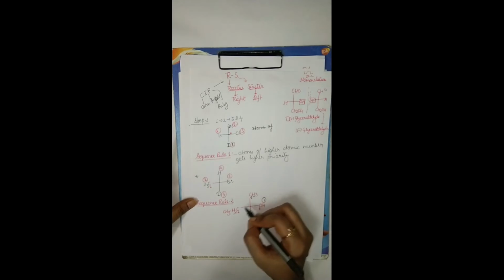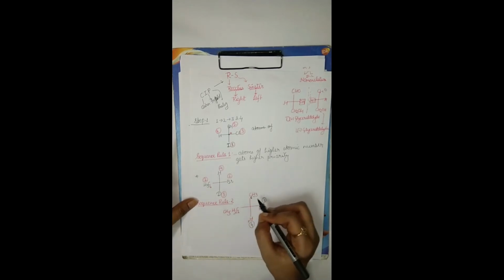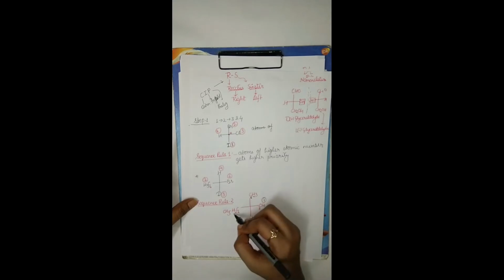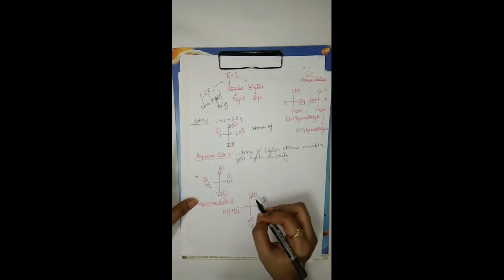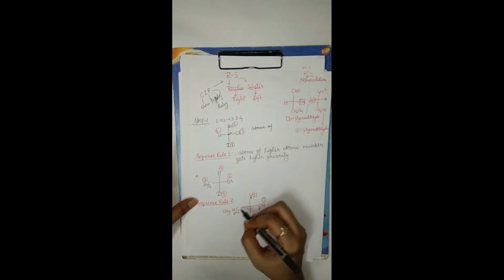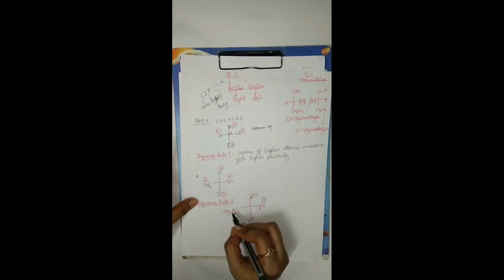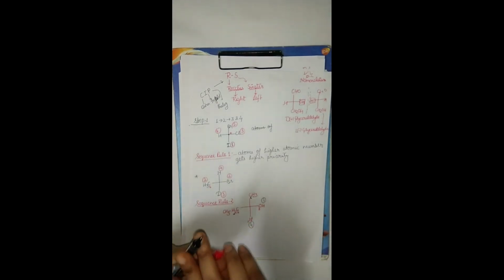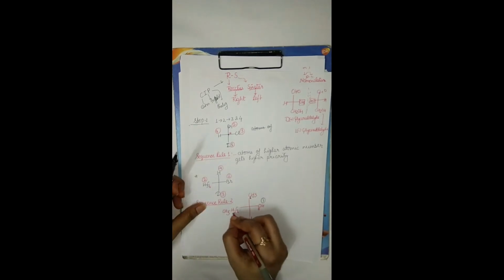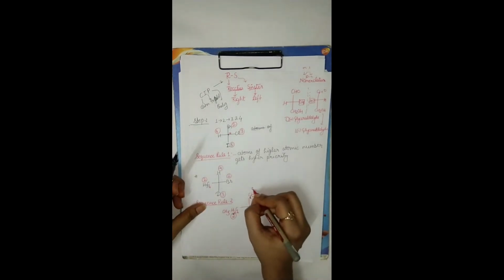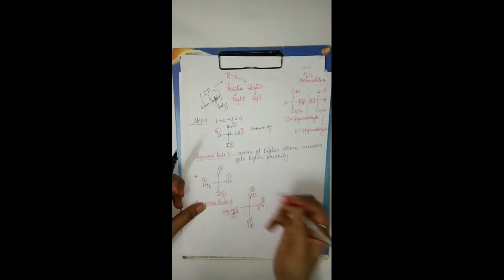Suppose here is 6, here is also 6, and next move on to the next atom. This is hydrogen, here is also hydrogen, and the next atom attached to this carbon is carbon which is having the highest atomic number. That's why it will get 2 number and automatically this will get 3 number.